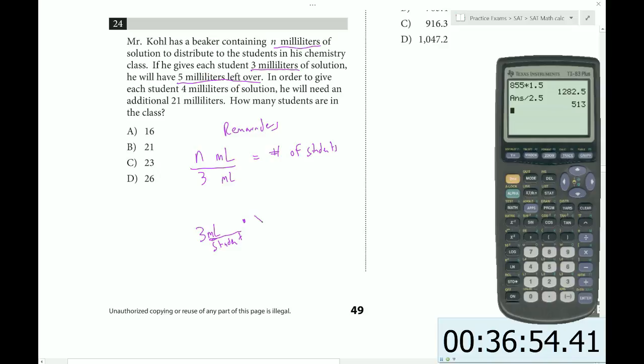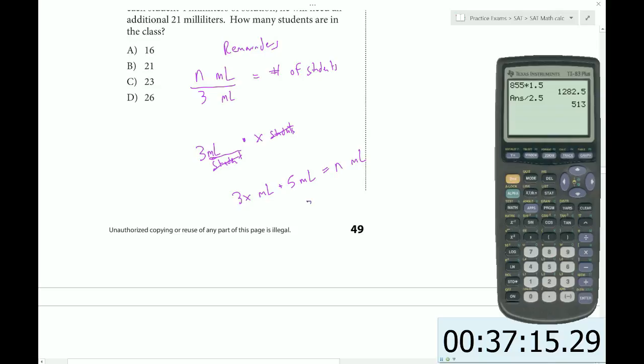So let's call it x students. Okay, and then I'll have 3x as the number of milliliters that I handed out to those students. And then I still have 5 milliliters left over. And that is going to equal the total number of milliliters, which is n. So if I get rid of the units, then I have 3x plus 5 is equal to n.